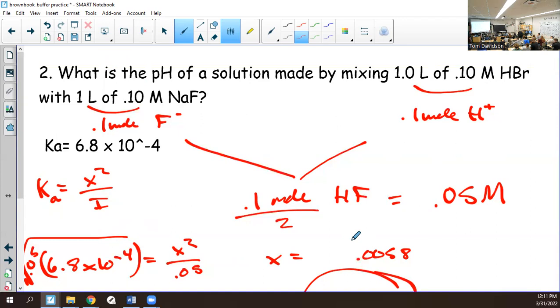If it's equimolar, you just end up doing the Ka for your weak acid and solving for x. If there was excess fluoride ion, we would use what equation? Henderson-Hasselbalch. Okay. If there was less, so if you only put in 0.1 liter, then in this problem you would have had excess H plus, and you just take the negative log of that concentration.